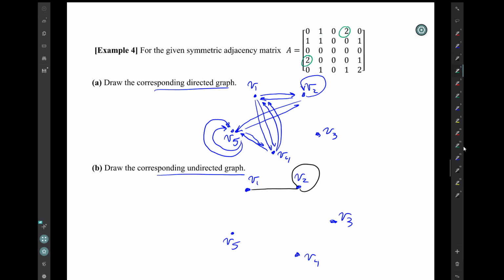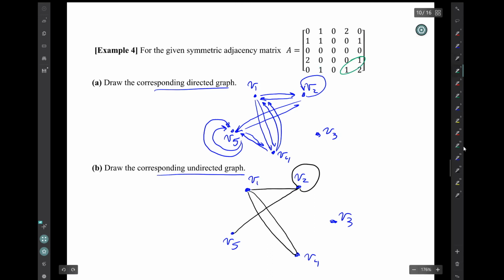These matrix entries correspond to the 2 edges that connect vertex 1 to vertex 4. These matrix entries correspond to the 1 edge that connects vertex 5 to vertex 2.